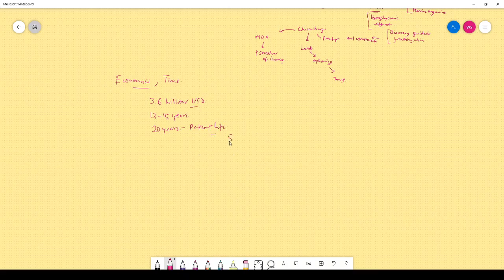Okay, at the end of the patent life, what happens? Small molecules become generic. Okay, meaning other companies can start making the drug, and large molecules become biosimilars.